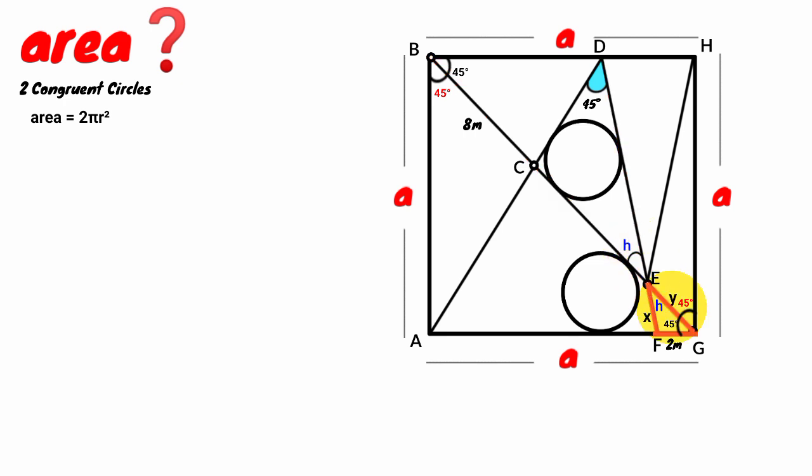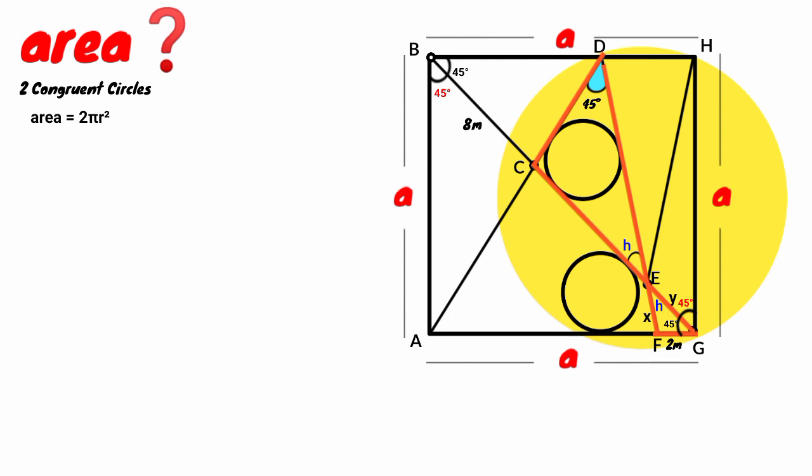Look at this triangle now. We see it has an angle h and an angle 45 degrees. Same as for this triangle. It has an angle h and an angle 45 degrees. That makes the two triangles similar triangles.